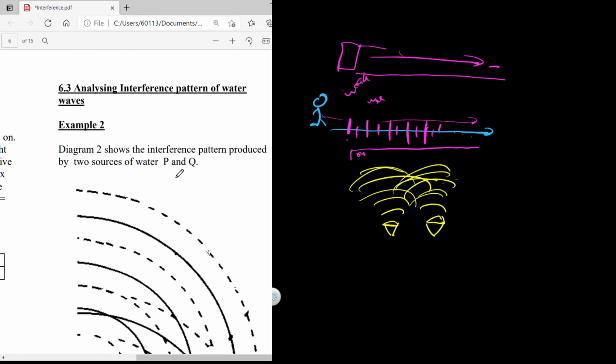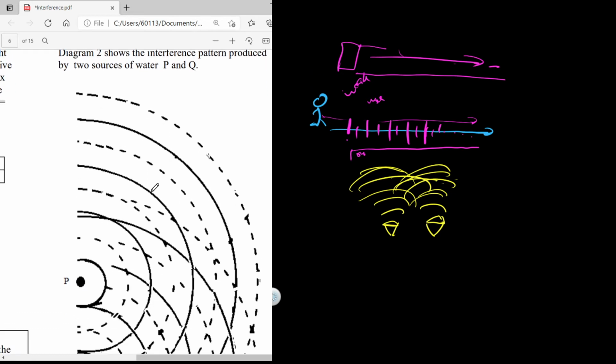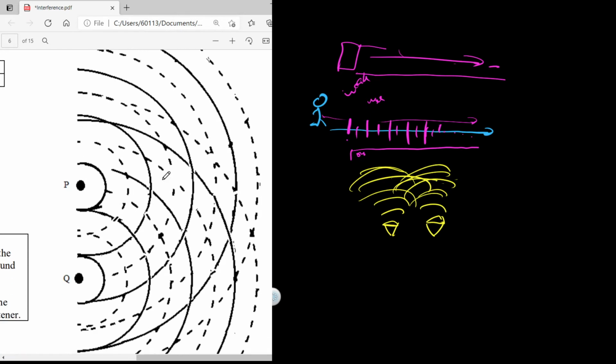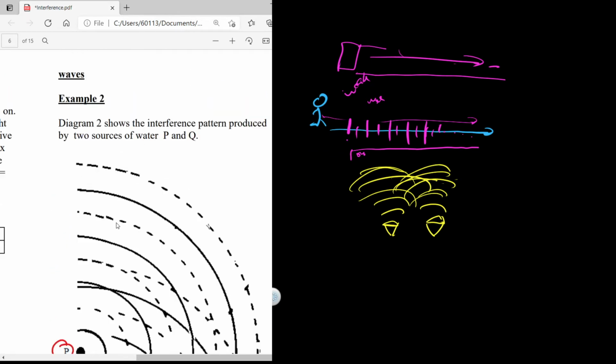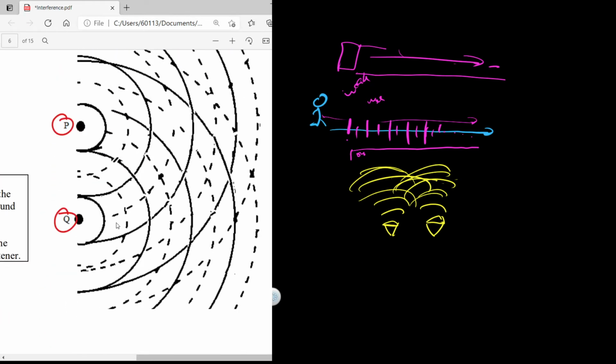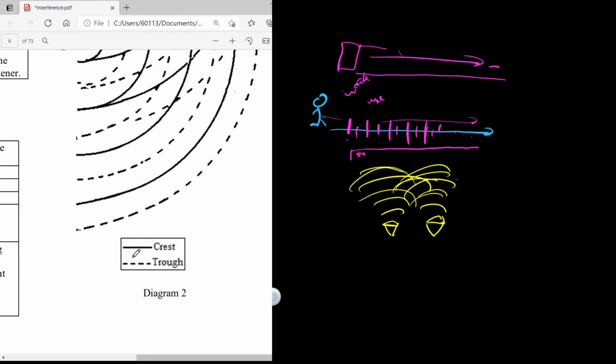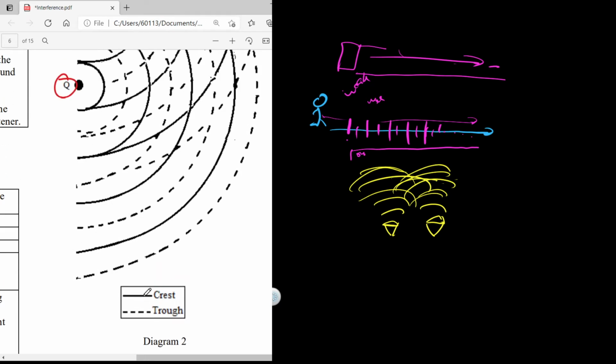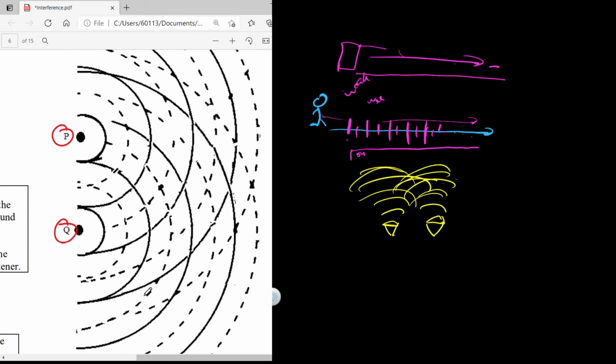Then we try to look at a simple diagram to see how we can interpret it and relate it to the interference of waves. Here we have example 2. Diagram 2 shows the interference pattern produced by two sources, P and Q. So this one is P, and this one is Q. The solid line here represents the crest.